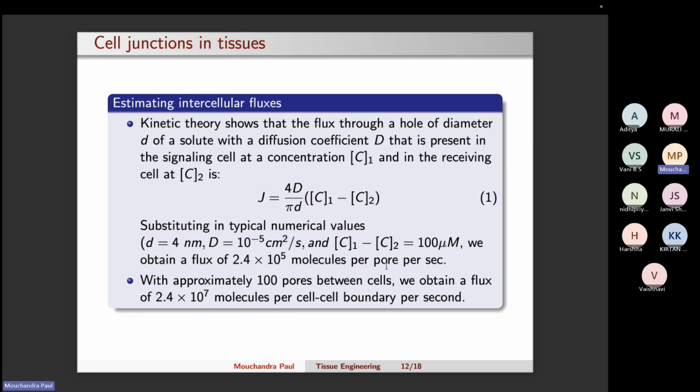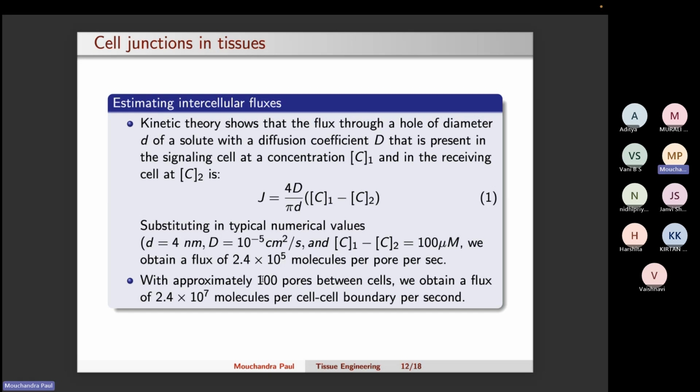Now here I said area, right? Here the area is limited by the size of the pore, or rather the number of pores, because there are so many pores between two cells. So rather than taking an overall area, they have just taken the number of pores. Through each pore, this is the number of molecules that can pass through each second. This is the maximum flux that can be obtained.